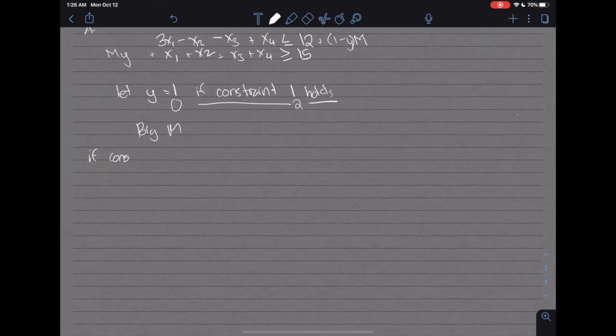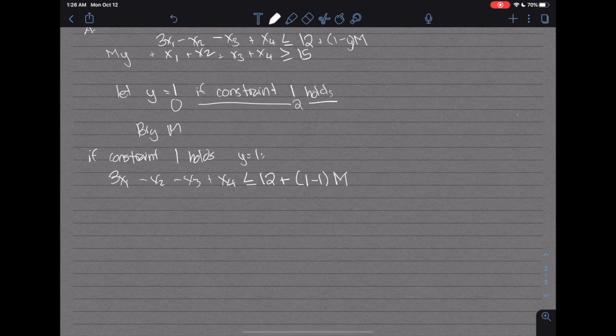If constraint 1 holds, y is equal to 1, and the corresponding constraint becomes 3x1 minus x2 minus x3 plus x4 is less than or equal to 12 plus (1 minus 1) M. Basically, this becomes 0M, which removes the M value, and you keep your first constraint as is.